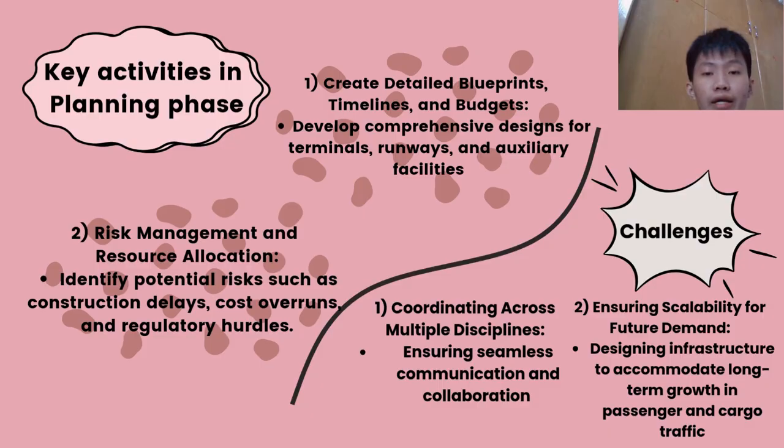The planning phase encountered significant challenges, particularly in coordinating across multiple disciplines. Ensuring effective communication and alignment between architects, engineers, and other stakeholders was important to ensure that everything works together seamlessly. Another major challenge was ensuring the scalability of the infrastructure to meet the anticipated long-term growth in passenger traffic.